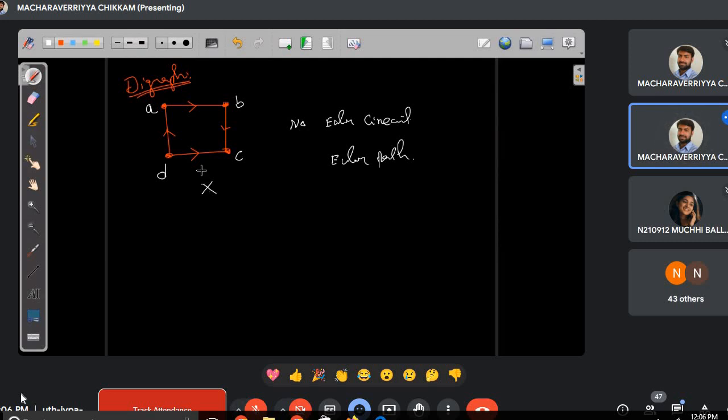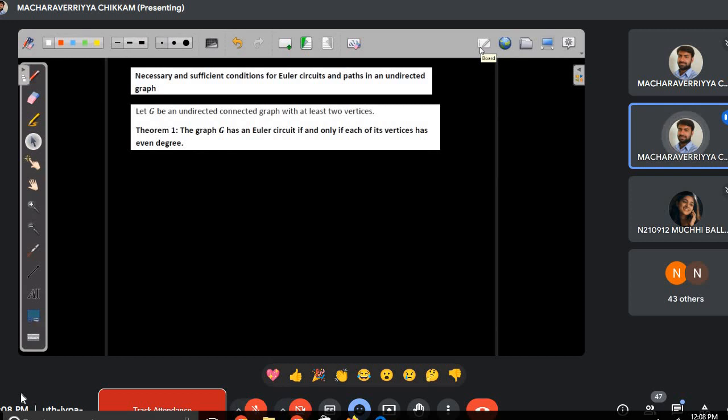Alright. Now let us look at the theorems which give the necessary and sufficient condition for a graph to have an Euler path or Euler circuit. Here is the necessary and sufficient condition for Euler circuits in an undirected graph.